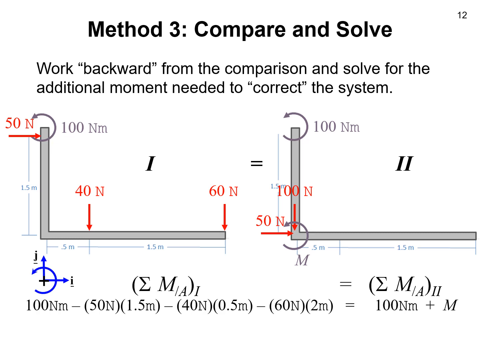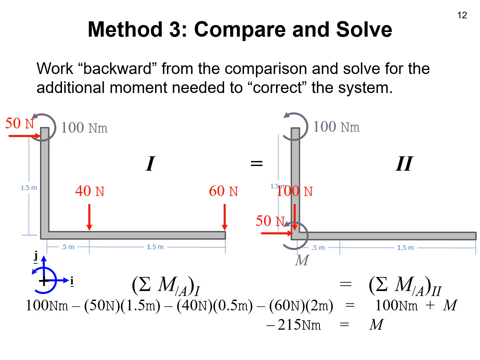And on the right-hand side, I have the same plus 100 Newton meter torque given. And now I have plus M as an unknown moment I have to now solve for. And it's pretty clear I can solve for it because I have one equation where M is the only unknown. The 100 Newton meter cancels out on both sides. And if you determine the value of M, you find M is equal to negative 215 Newton meters.